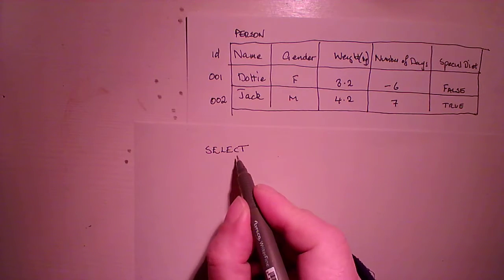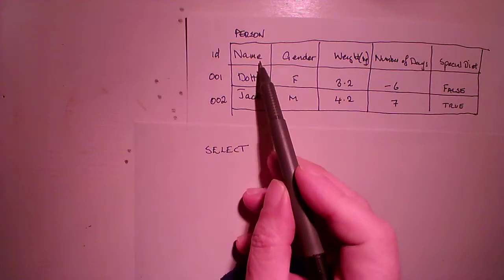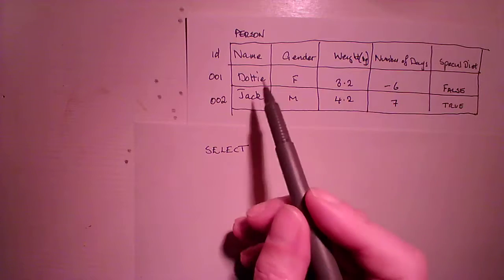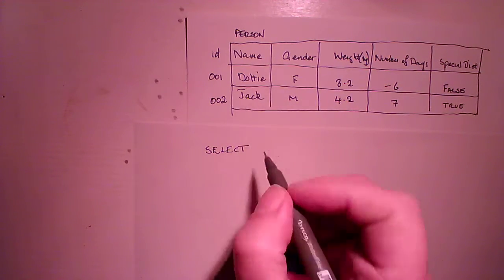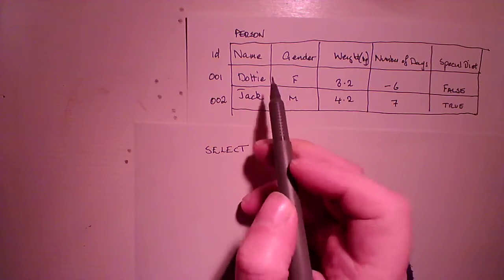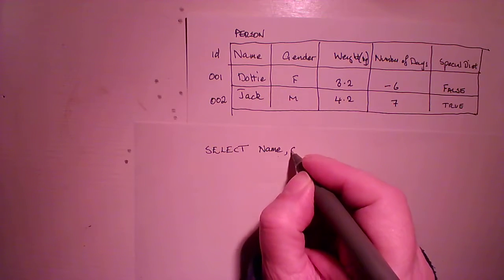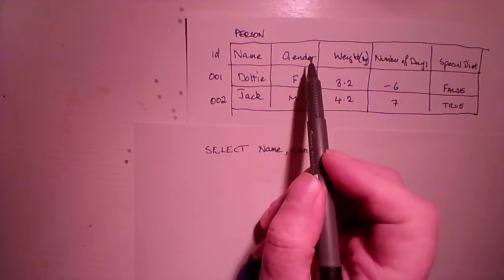They always start with the word select, and what select means is choose one or more of these field names. So for example, I could choose name and gender, separating them with a comma. So I've chosen two field names.